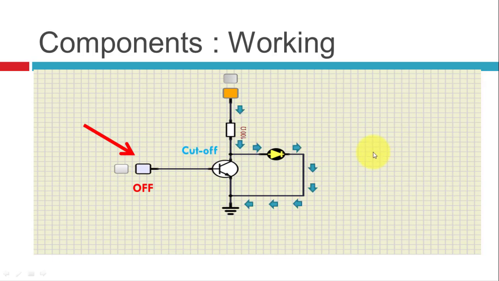In the cutoff region, no current flows through the transistor, and it is as good as an open switch. So the current flows through the outer circuit, and this LED glows. If we had a logic analyzer, this would give output as 1, and this is what the LED is showing, that output is 1. So this is the cutoff region.